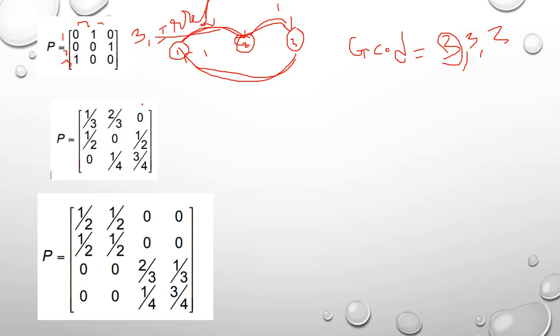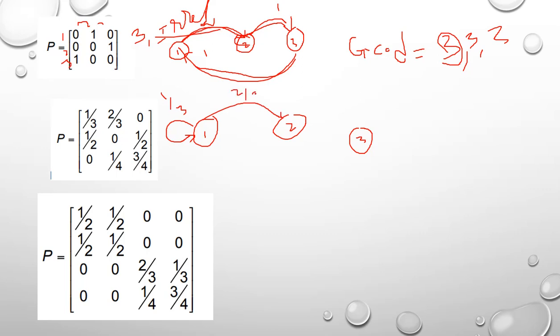Now we can see another example. First we can formulate the graph. 1, 2, 3. From 1 to 1 is 1 by 3, and 1 to 2 is 2 by 3.